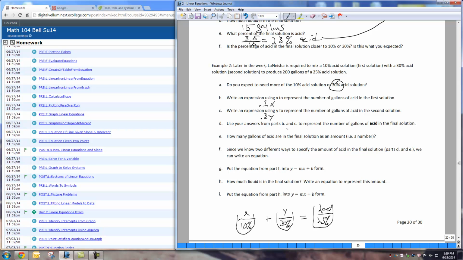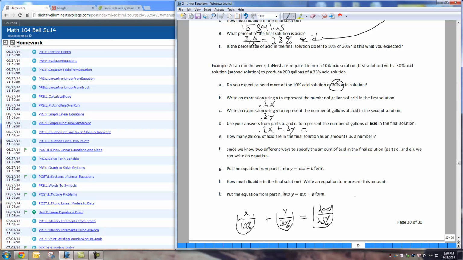Now it says use your answers from B and C to represent the number of gallons of acid in the final solution. So I know when I take 0.1 x and I add it to 0.3 y, that gives me 25%.